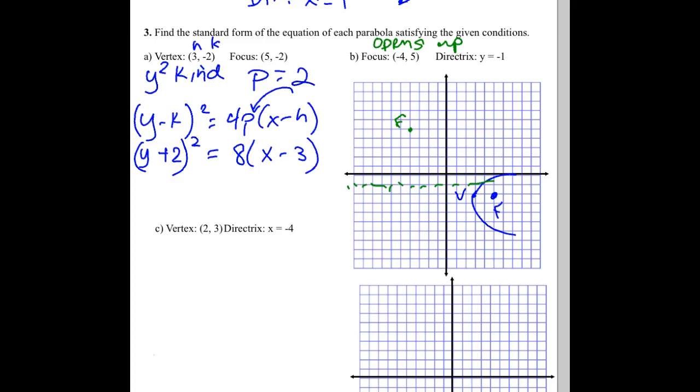Right in between them. So how far apart is it from the focus to the directrix? How many spaces? Total spaces from focus to directrix. 6. So if I cut it in half, 3 spaces from either side, gets me to my middle. That's my vertex. So what's my h and k value?